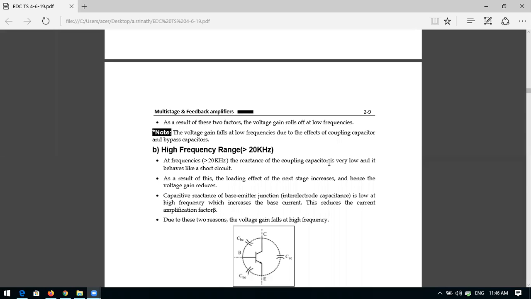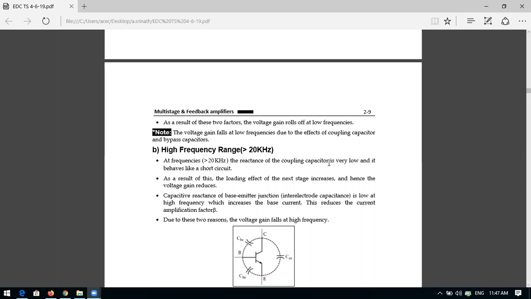So what is reason one? The capacitor connected through CC, what will happen? At high frequencies, capacitive reactance is less. Correct or not? Frequency more, capacitive reactance less.